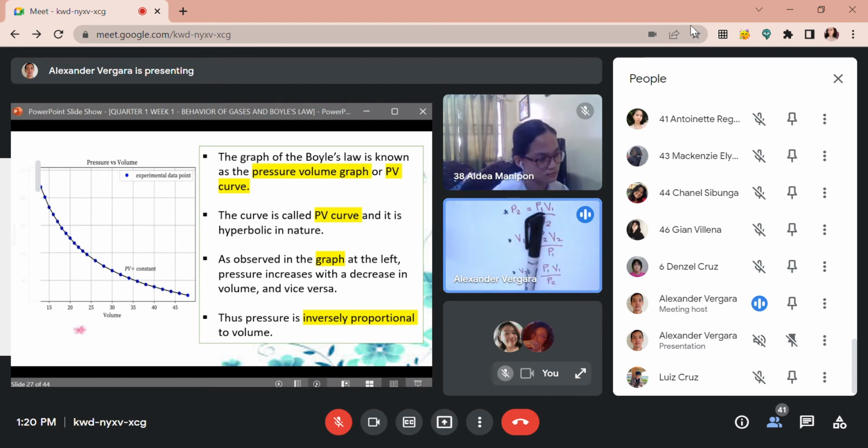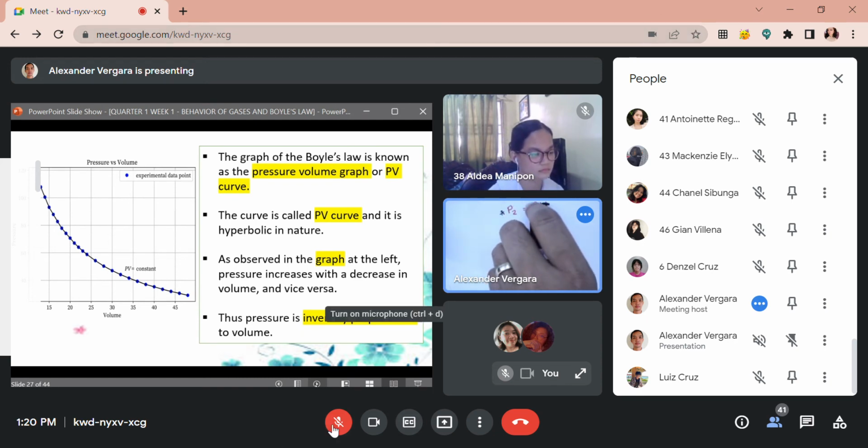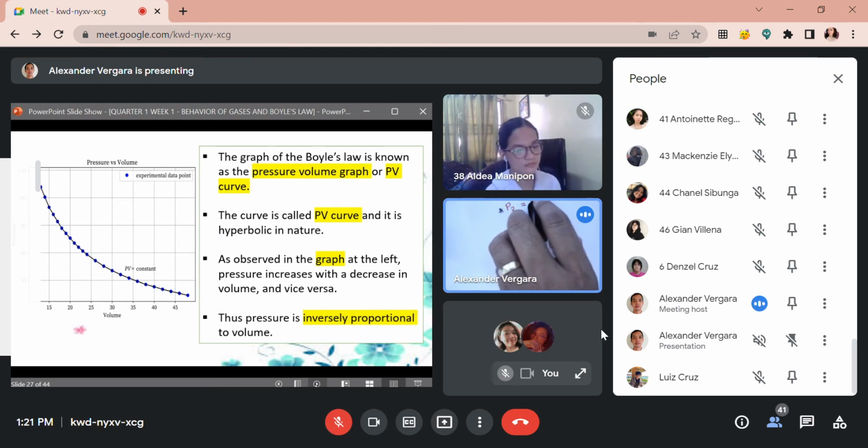Meaning to say, as the volume decreases, the pressure increases, and as the pressure decreases, the volume increases. Thus, pressure and volume relationship is inversely proportional.